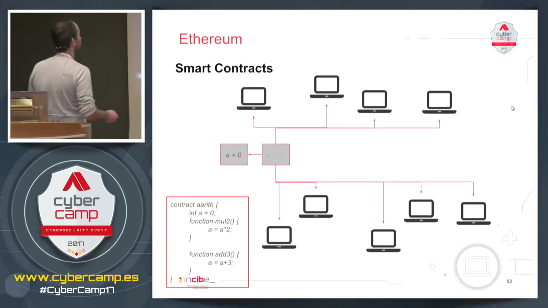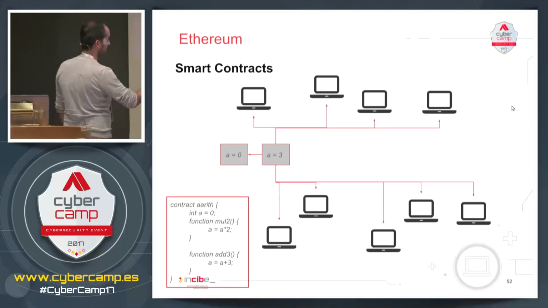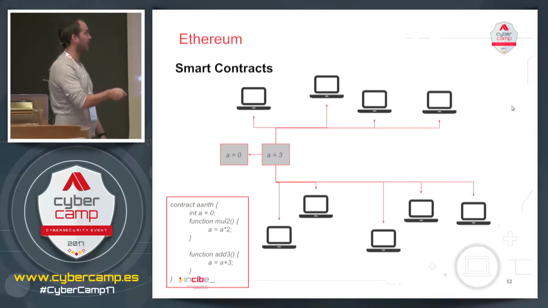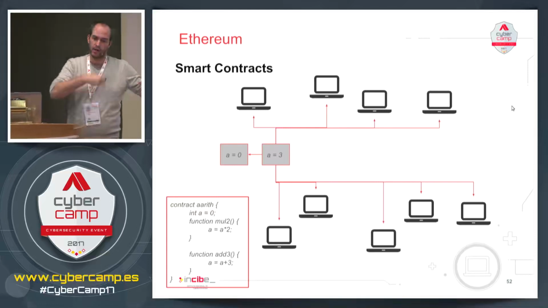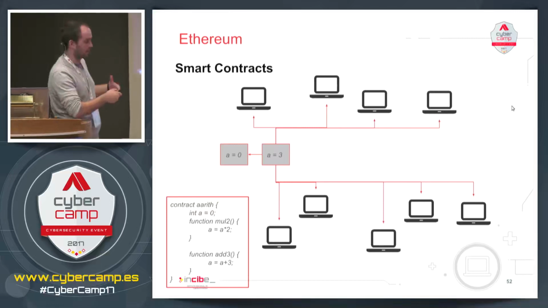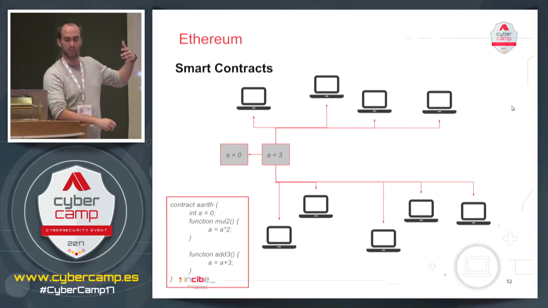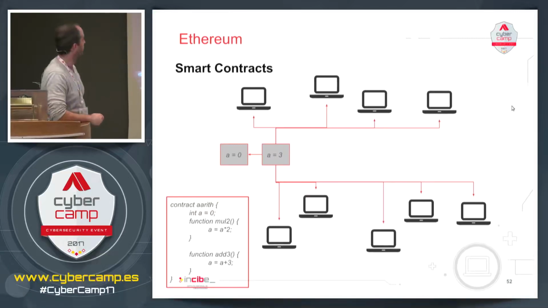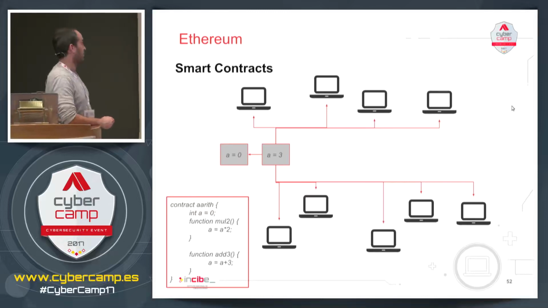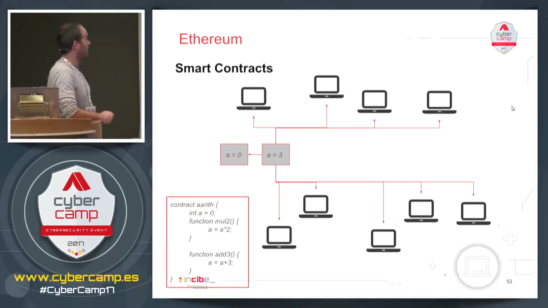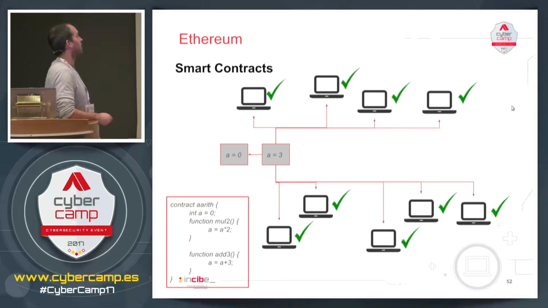And all of them receive the transaction. Some of them will generate the new block and obtain the answer to the challenge. And the result of adding 3 to 0 is 3. The result of this transaction is 3.